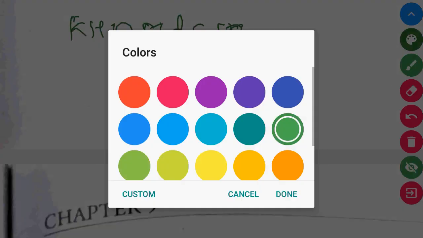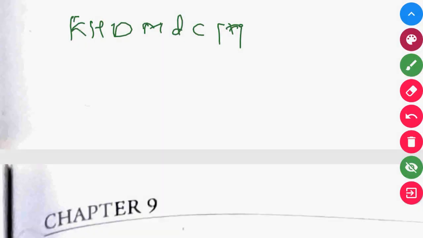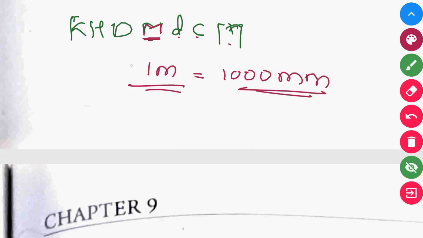Now, 1 meter is equal to how many millimeter? So here, M stands for meter. We add just 1, 2, 3 zeros and we get the value. So 1 meter is equal to 1000 millimeter.